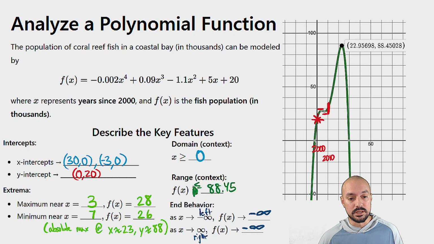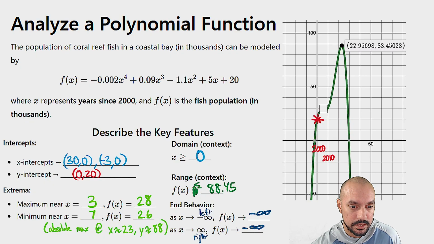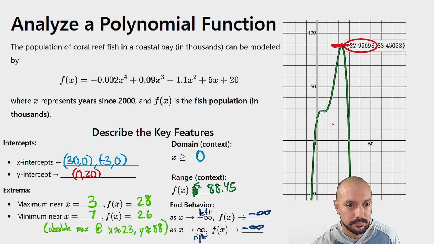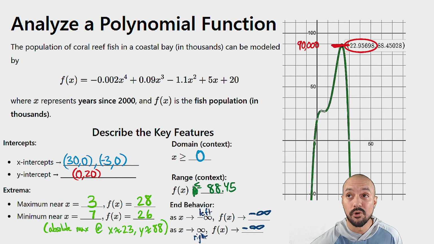Maybe that was the ecosystem balancing itself out. Maybe this was a fish population that was artificially brought into an ecosystem, so it peaked and then something affected it and it dipped back down. But we're predicting that after about 23 years, the population is going to hit some type of peak right around 90,000 fish. That is a whole lot of fish.